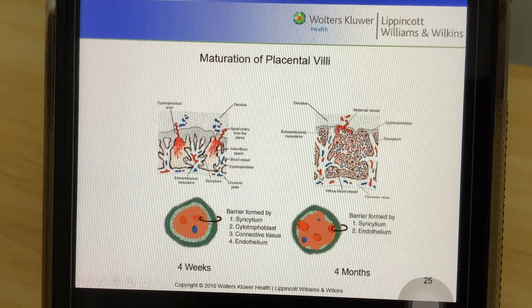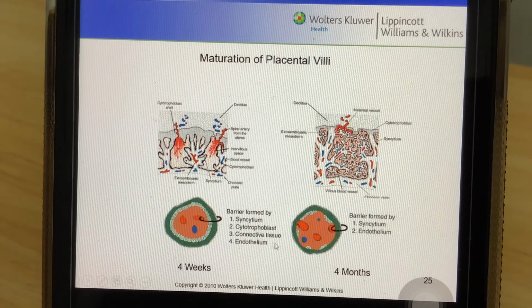Next, villi development at 4 weeks and 4 months. Okay, so at 4 weeks, the villi have some branches with many vessels and are still differentiating. The barrier between the fetal and maternal blood consists of syncytium, the cytotrophoblast, the connective tissue, and the vascular endothelium.